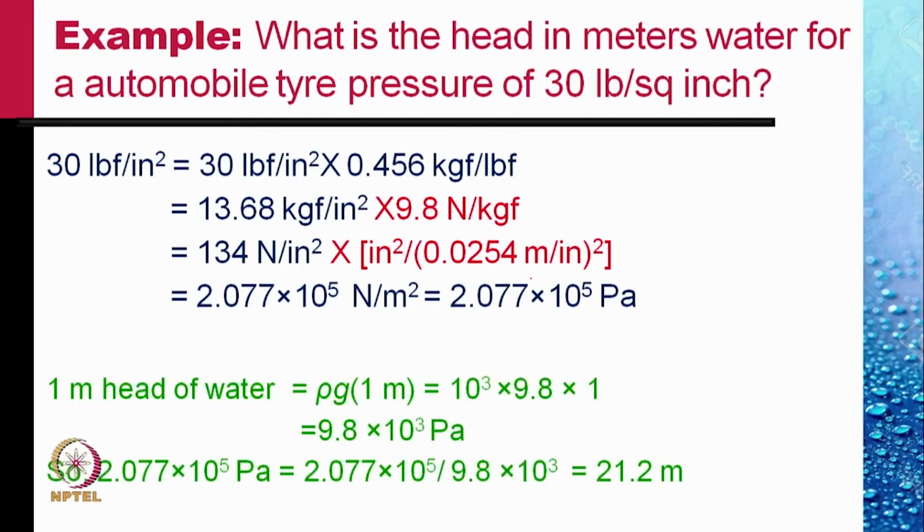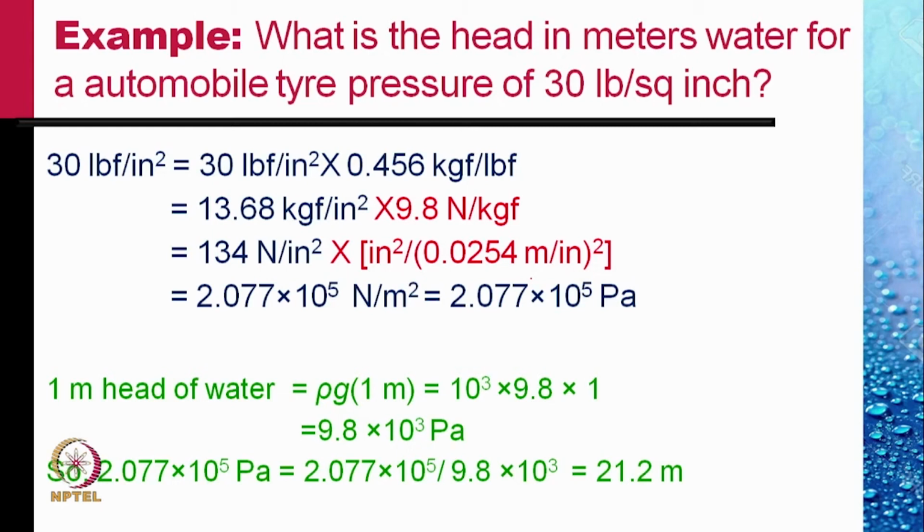Now 1 meter head of water is rho of water times g into 1 meter, which gives you 9.8 into 10 to the power 3 Pascals. So that 2.077 into 10 to the power 5 Pascal is 21.2 meters of water.